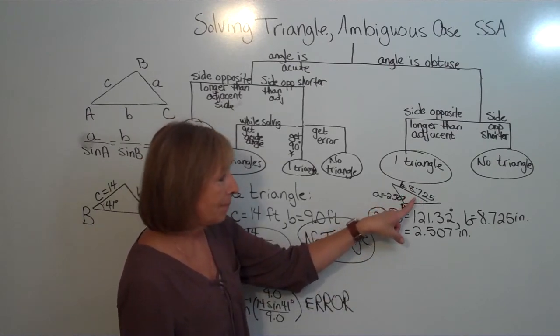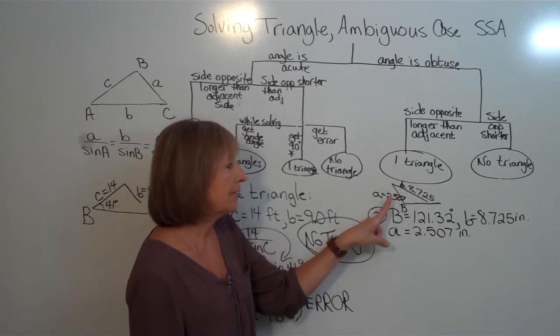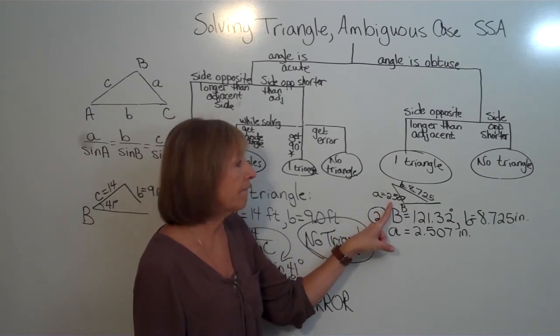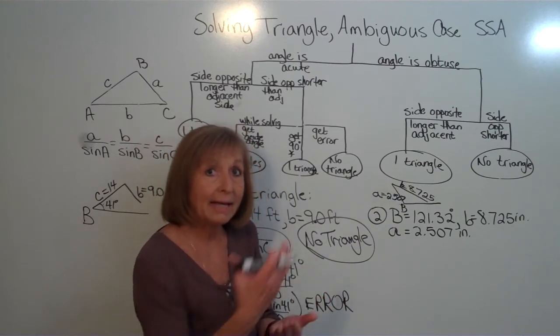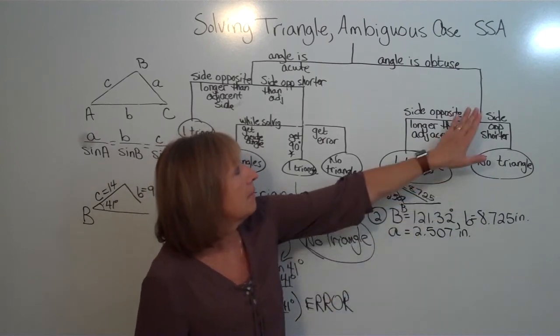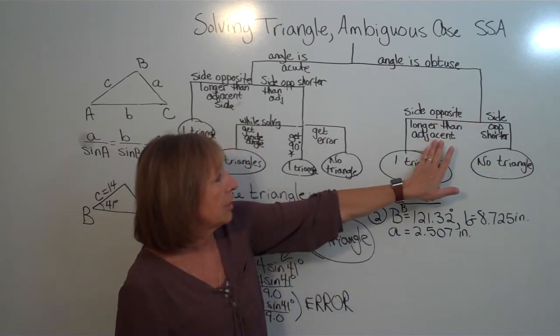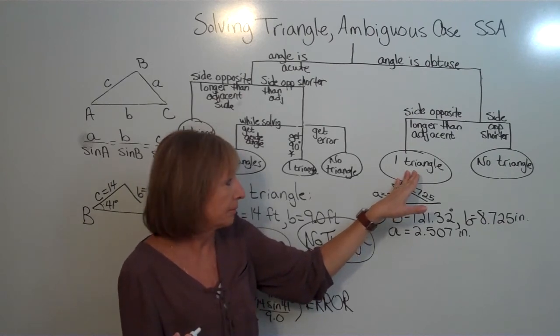The side opposite angle B is 8.725. And the side adjacent to B is 2.507. Well, 8 is a bigger number than 2 is. So my side opposite is bigger than my adjacent side. So when I look at it, my side opposite is longer than the adjacent side. I'm going to get one triangle.